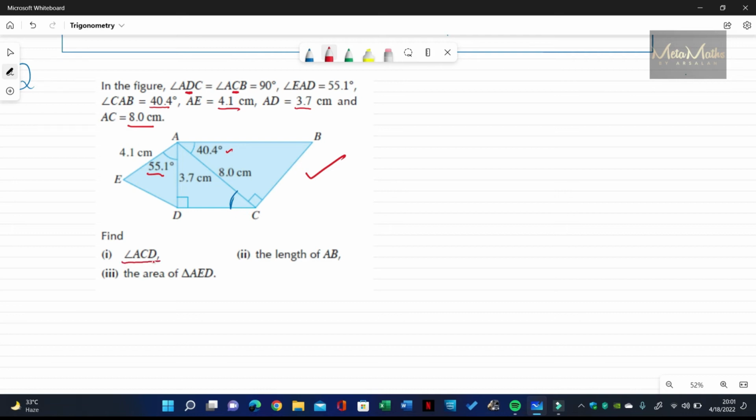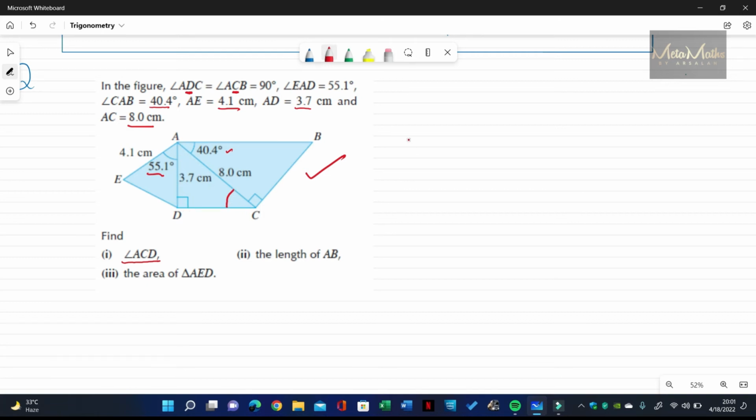Now let's work out ACD. The first thing, you must mark that angle, whatever you are finding. I am finding the ACD angle, this one, and it is included in the triangle named ADC.